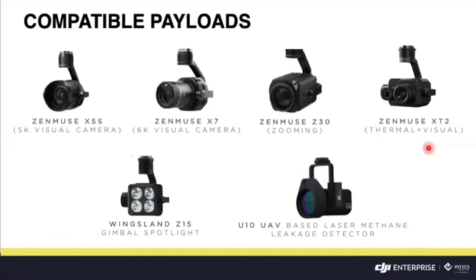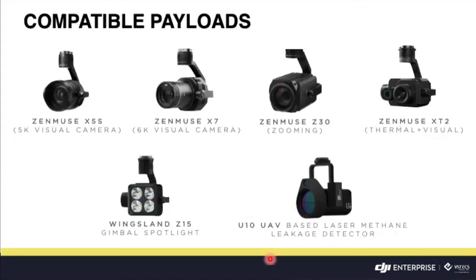So you can use that for tower inspection, for energy and facility. Those are a few samples of applications that we can use with these gimbals. And the Wingsland C15 for a spotlight, so you can easily do some search and rescue during nighttime.